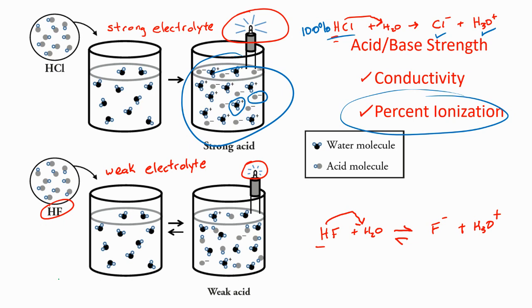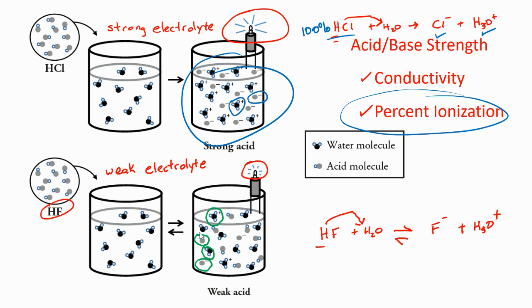On the other hand, if I look at HF, the story gets a little bit more complicated. Take a look inside of the beaker. In the beaker, I still have water molecules. I have F minus ions. I have H3O plus ions, but I also have some HF that never broke up or never ionized. So we would say that weak electrolytes, weak acids, don't ionize completely.